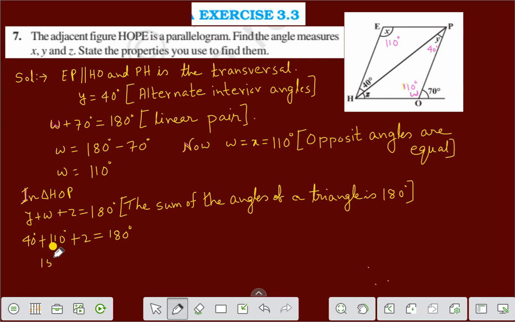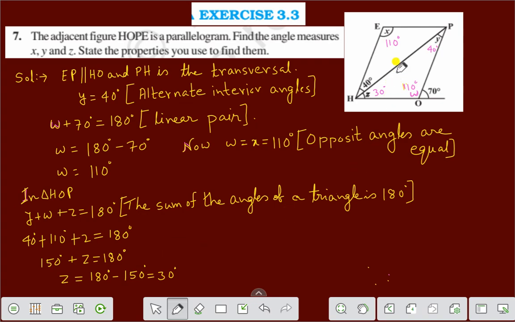Or 110 plus 40 is 150 degrees, 150 degrees plus Z is equal to 180 degrees. So the value of Z is equal to 180 degrees minus 150 degrees, that is 30 degrees. Therefore the value of Z is 30 degrees.